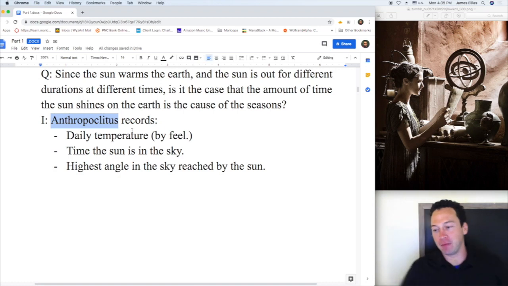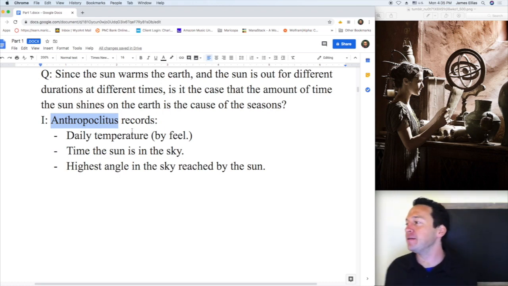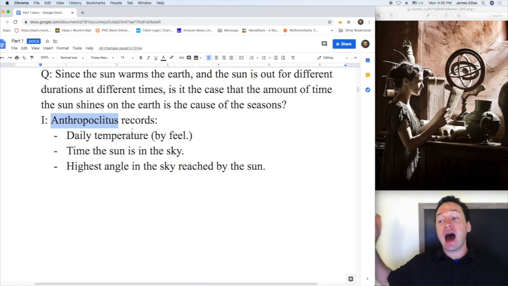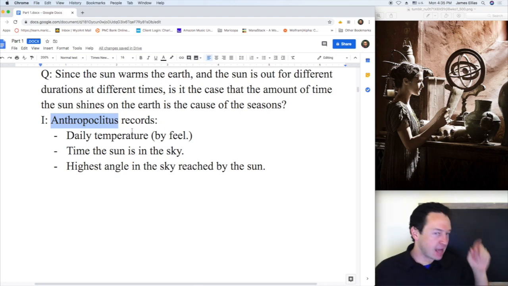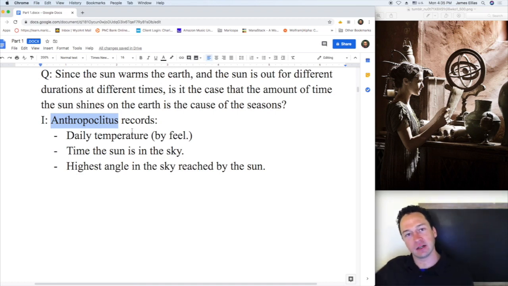He doesn't have a thermometer, right? Then he'd say, today it's hot. It's just normal hot today. Then, dang, today's real hot. And so maybe he's able to write this down and get some sense of temperature trends as the days go on.